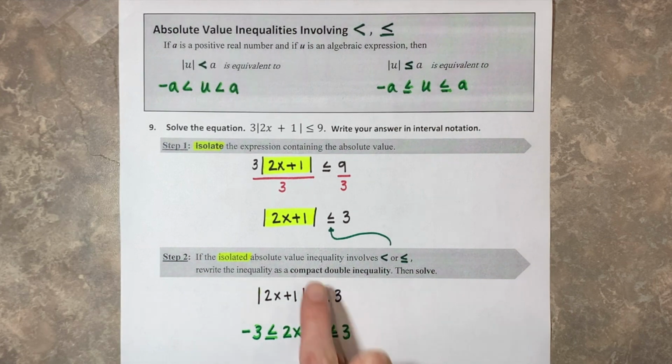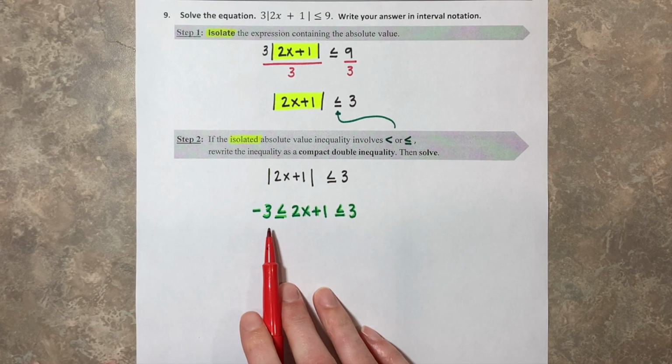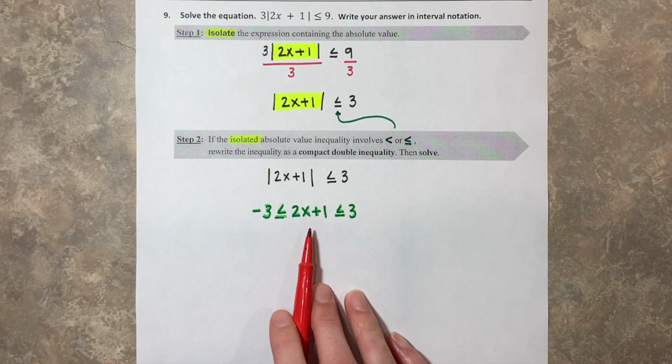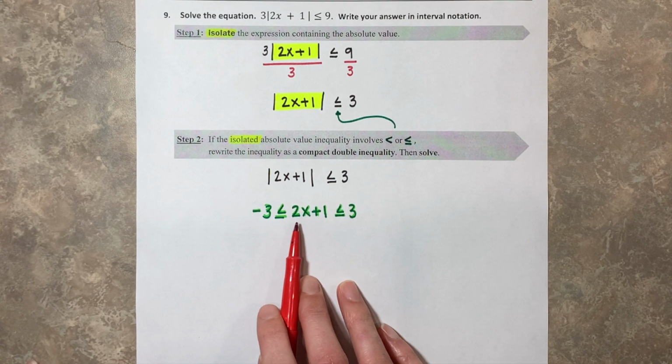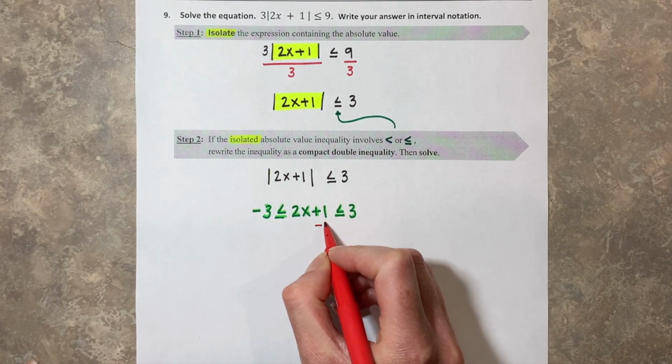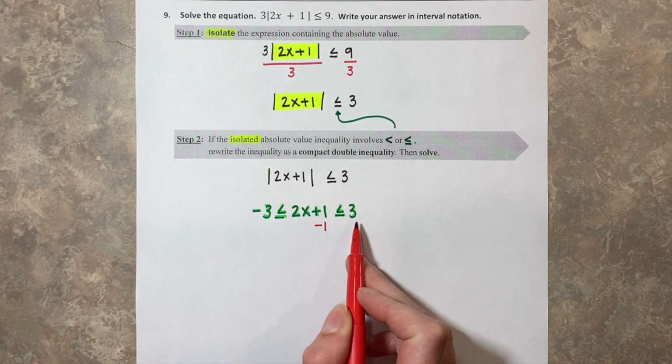Now that we've written our compact double inequality, we just need to solve it for x. In chapter 2.5, we learned how to solve inequalities that are written in this compact notation. To solve inequalities like these, you want to isolate x in the middle. So to isolate x in the middle, let's start by subtracting 1, and whatever you do to the middle, you have to do to the left and the right side.